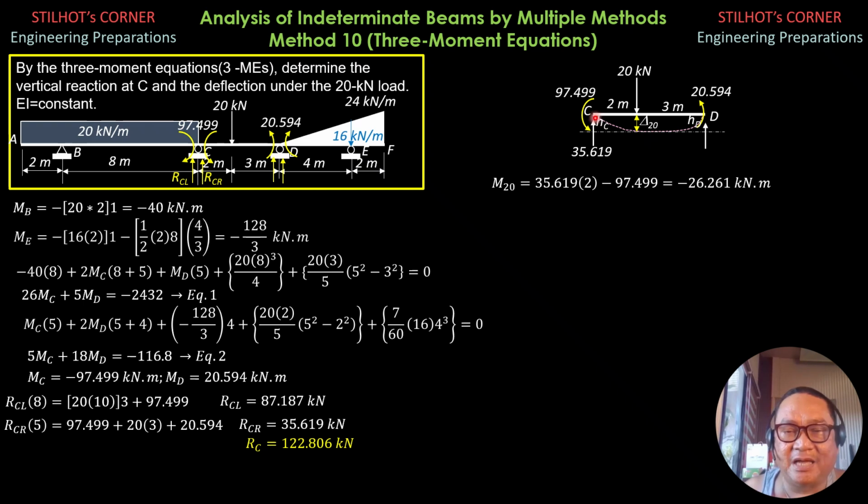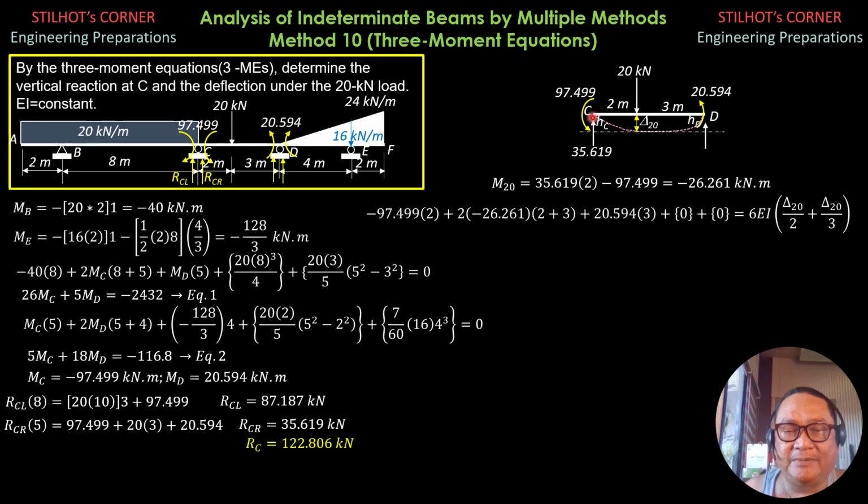We then apply the three moment equation in this portion C, then the 20 kilonewton load, then D. This is the reference horizontal line. So MC, which is negative 97.499 times 2, plus 2 times negative 26.261 times quantity 2 plus 3, plus the moment at D, 20.594, times 3, plus 6 area 1A over L1.